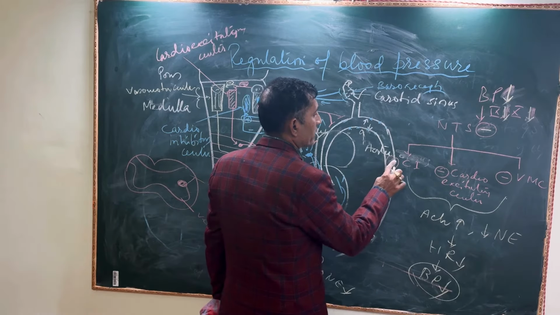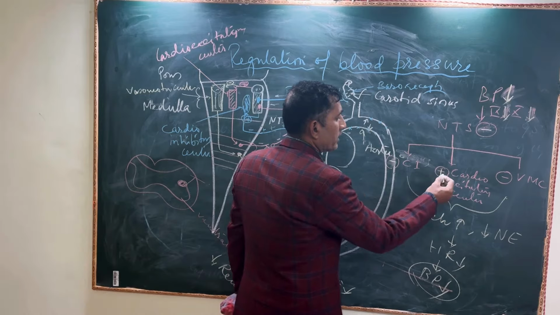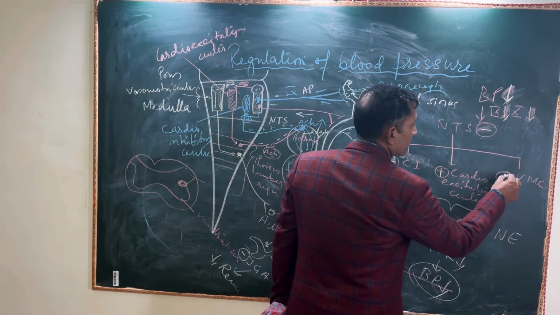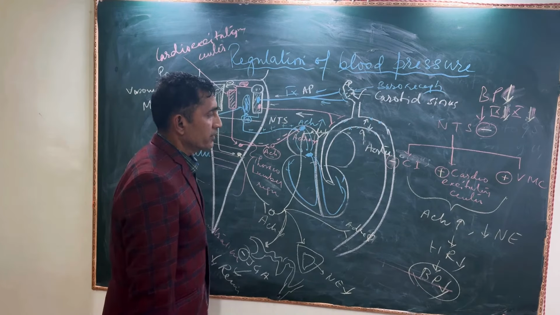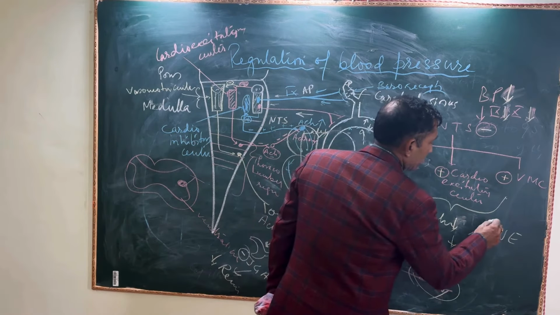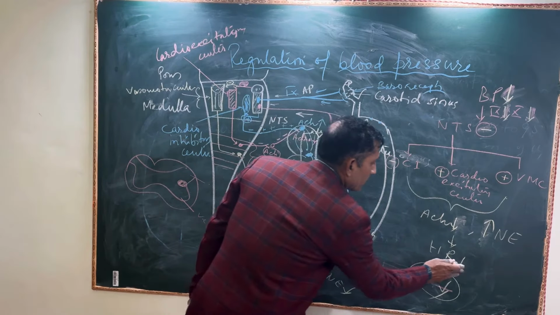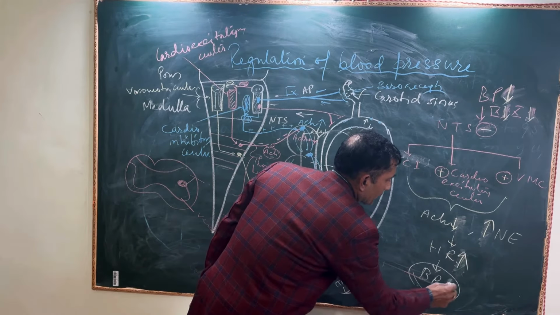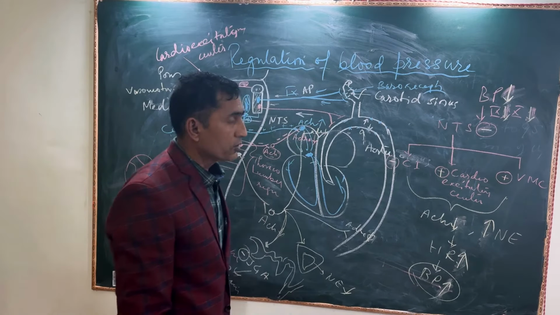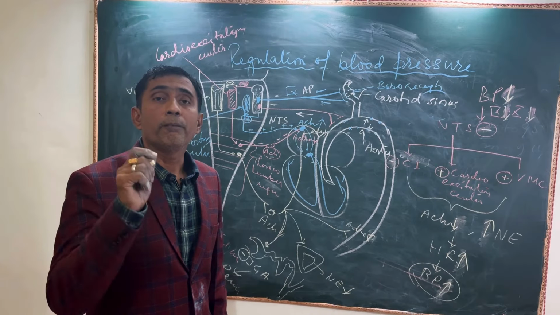Once it is inhibited, the cardio-inhibitory center is inhibited, the cardio-excitatory center is stimulated, and the vasomotor center is stimulated. So acetylcholine secretion will be less, and norepinephrine or adrenaline secretion will be more. The heart rate will be increased, and the blood pressure will be increased. So this is also an example of the baroreceptor reflex, or we call it the baroreflex.